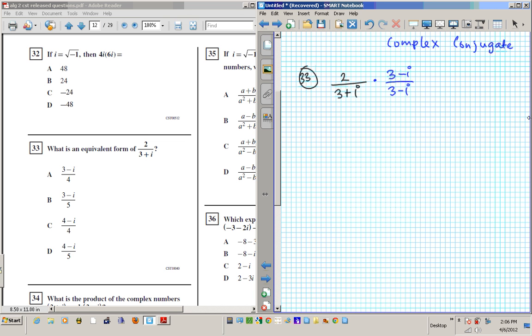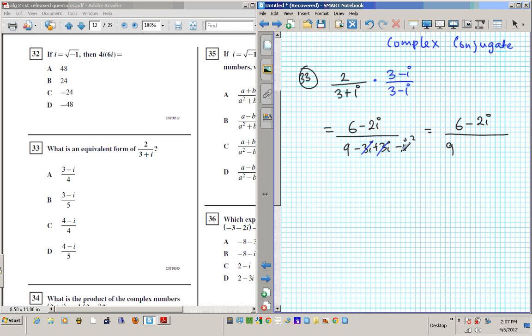So if you distribute the top, you're going to have 6 minus 2i, and on the bottom, you're going to have 3 times 3 is 9, 9 minus 3i plus 3i, minus i squared. Okay, so you're going to have 6 minus 2i divided by 9. You see these two here are opposites, right? So they basically cancel out. And then remember what I told you i squared does?